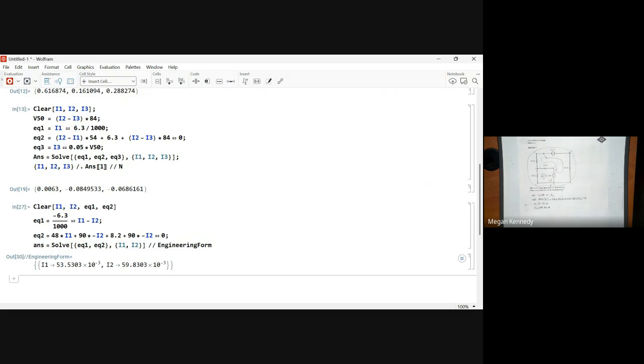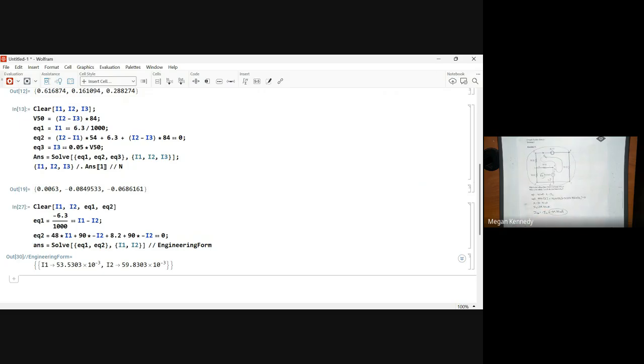So that's good news. We figured out the current from node 2 to 6, because that's just going to be the opposite of this I2 here. So I2 to 6 is opposite of I2, which means that's going to be negative 59.83 milliamps.